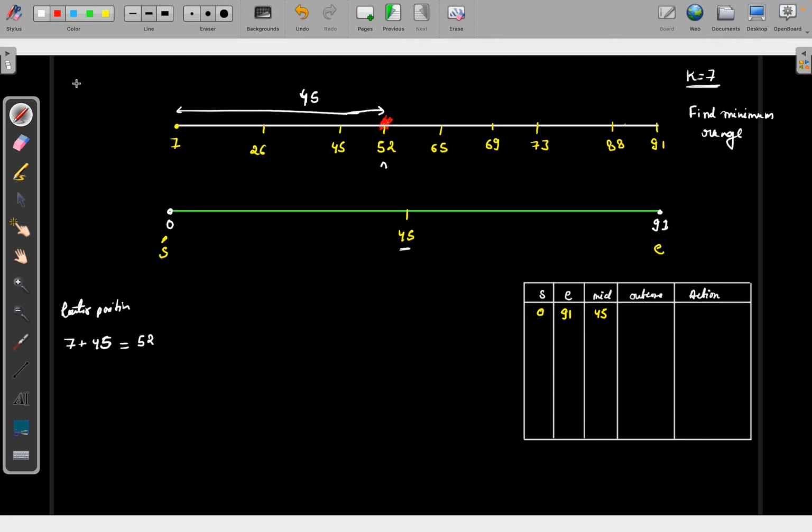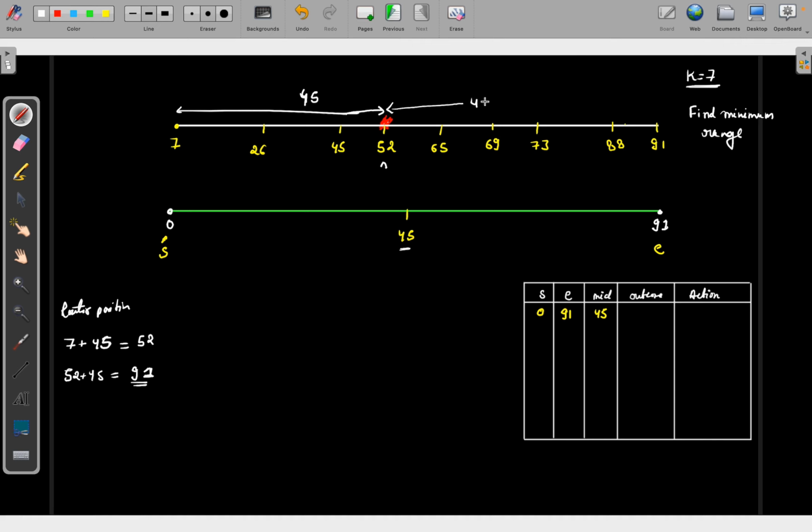Now if I am planting here, the last range of this router will be from 52 plus 45. Basically, the lowest range is x minus r, and the other end is x plus r. So it will be 7 and 9, 91. Yes, 91, so 45 here.